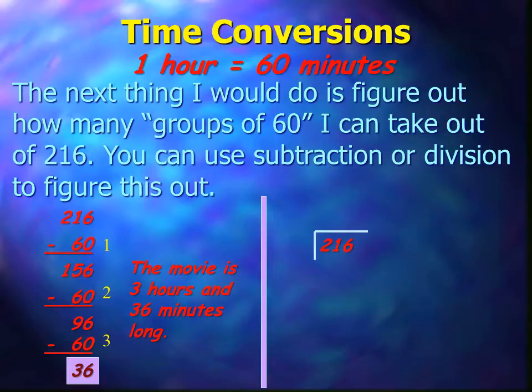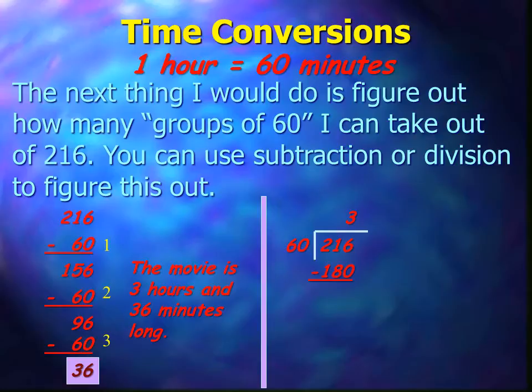If I use division, I need to use the division frame, 216 divided by 60. With using the division algorithm, I need to know that 3 times 6 is 18, and of course with the 0 in 60, 18 times 10 is 180.